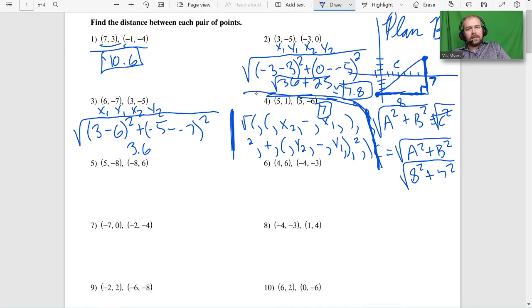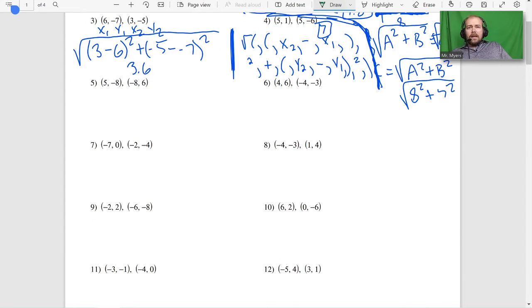That is it. Okay, time to change to another color. How about green? And let's just type it in. So again, we'll do x1, y1, x2, y2. All right. So if I'm going to type it in, remember it's square root, open parentheses again, because there's an open parentheses after the square root, x2, negative 8, minus x1, 5, close parentheses, squared.